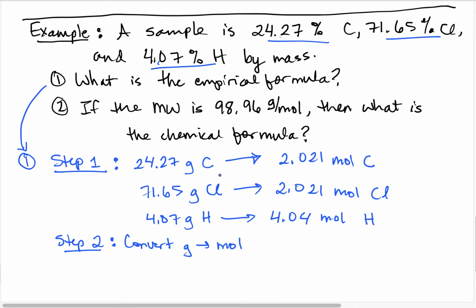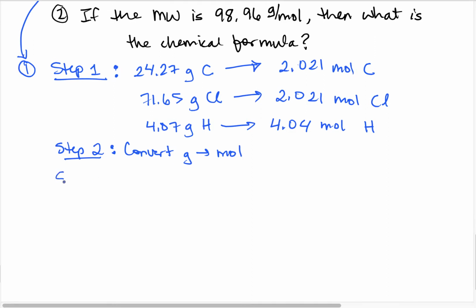Now, the mole ratios here are nice and simple. So in step 3, we can see that when we divide by 2.021, the carbon will be 1, the chlorine will be 1 to 1, and the hydrogen will be 2 to 1. So our empirical formula would be CClH2.